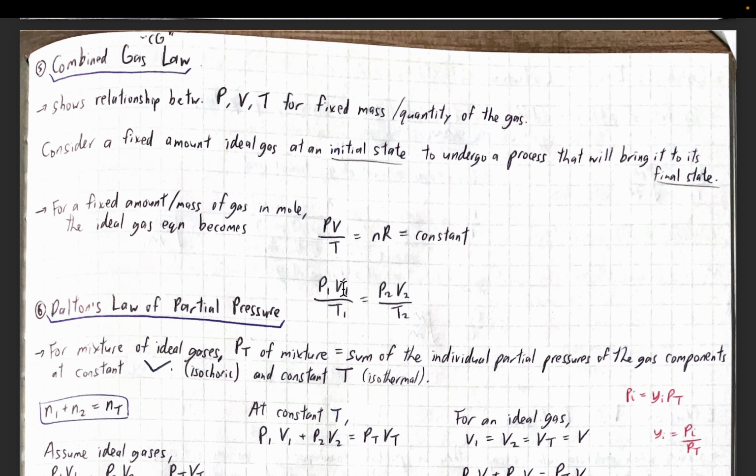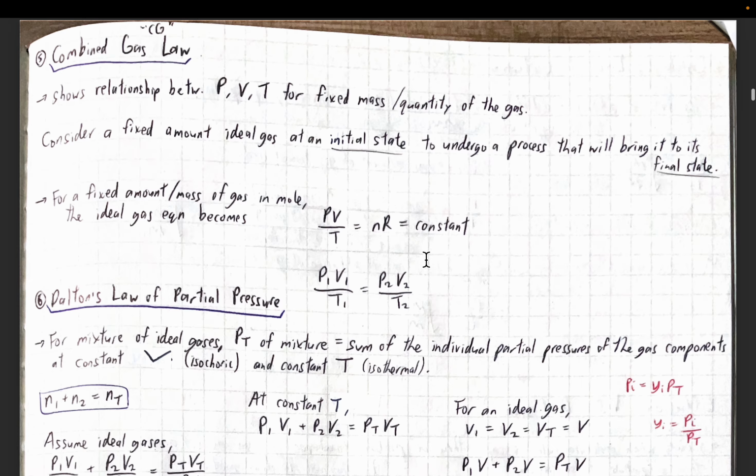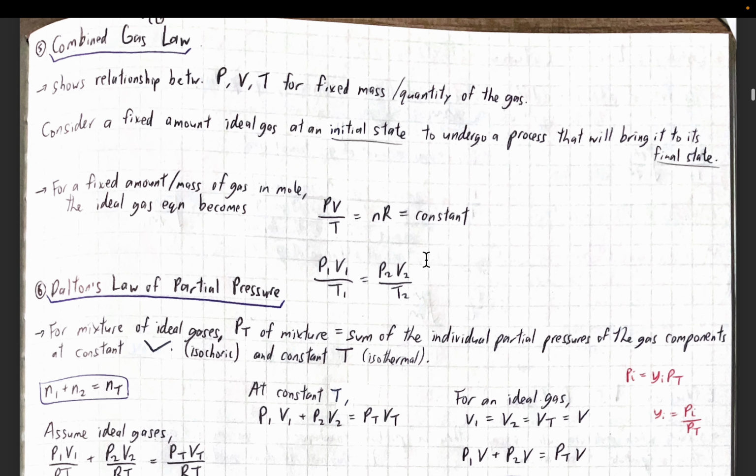And so P1 V1 over T1 equals P2 V2 over T2. Okay? So yeah, for a fixed amount or mass of gas in moles, the ideal gas equation becomes this. No? Okay.